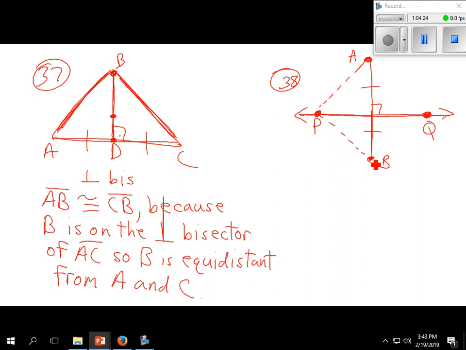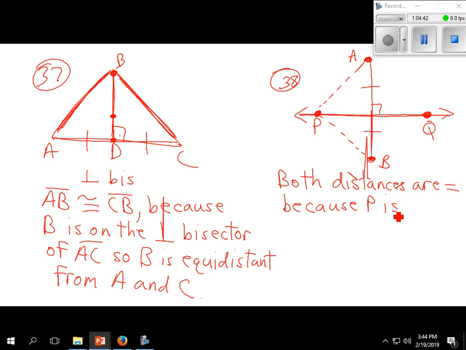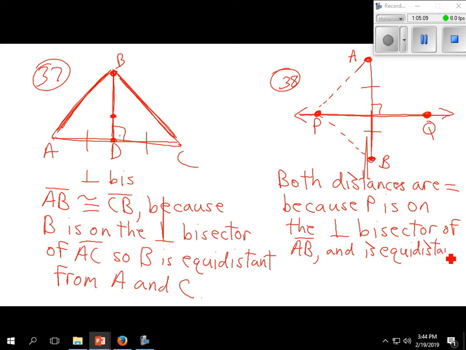And our answer is going to be both distances are equal because P is on the perpendicular bisector of segment AB and is equidistant from A and B.